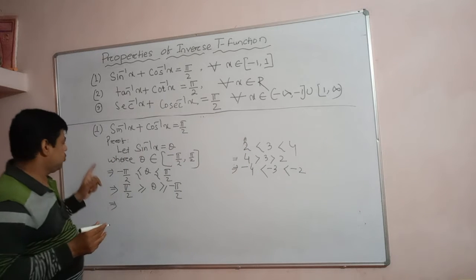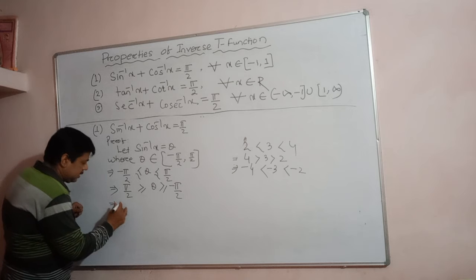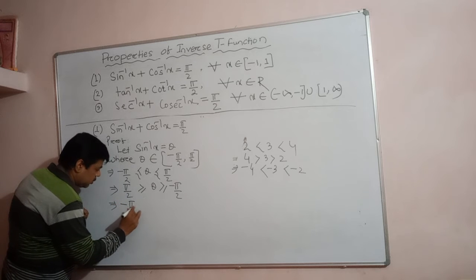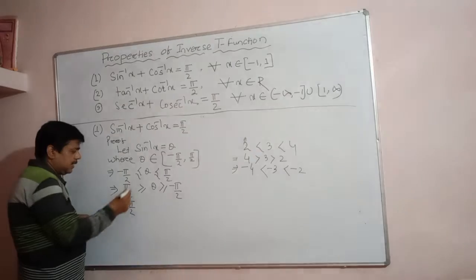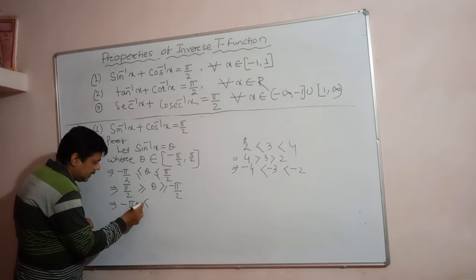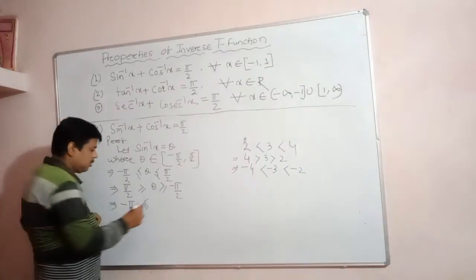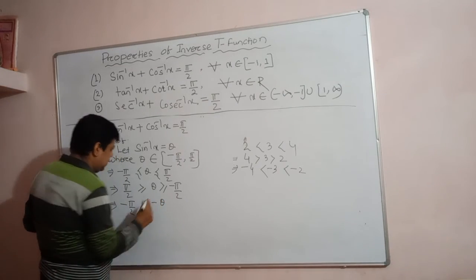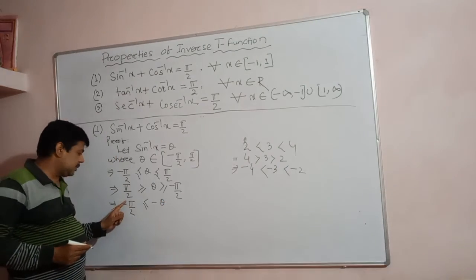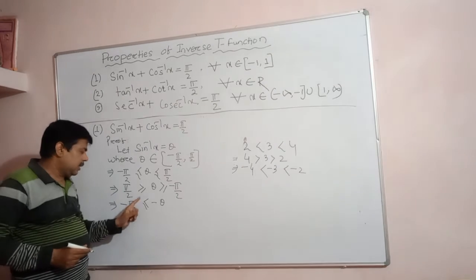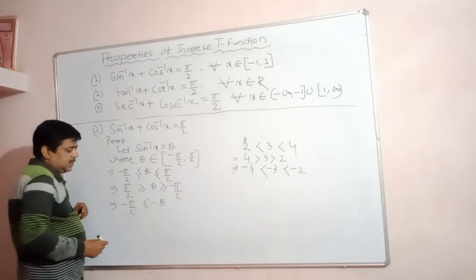Similar process, so multiply minus 1 on the given inequality. This is minus pi by 2, and plus pi by 2 will be minus pi by 2. Make it negative and this greater than or equal to will be less than or equal to, and this theta will be minus theta. If the sign on any side of the inequality changes, then the inequality also changes and all the terms change their sign.